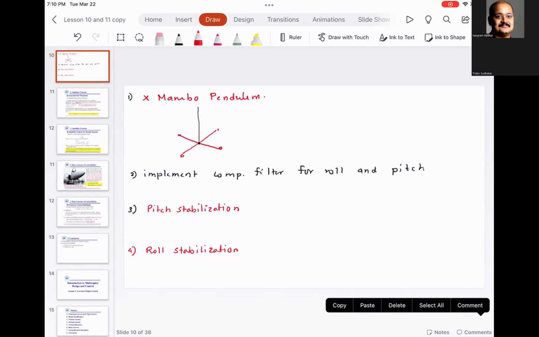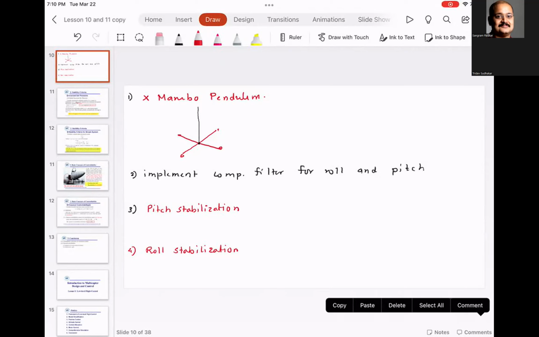This is just P control. It's not going to be super accurate, because you will see that the Mambo will continue to oscillate back down. That's totally fine, because in the next step you would implement D, and then the next step will implement I. Finally, once your PID controller is done, if you rotate the Mambo pendulum, it will become stable.